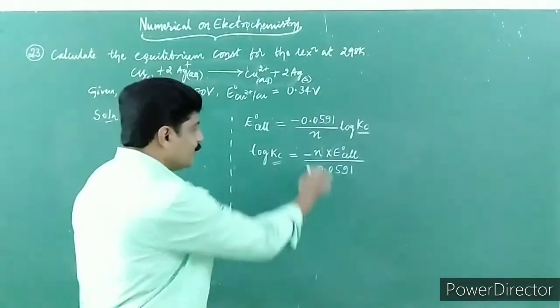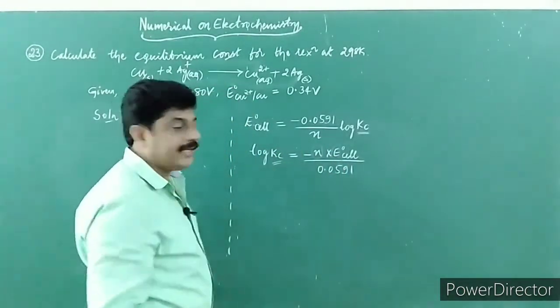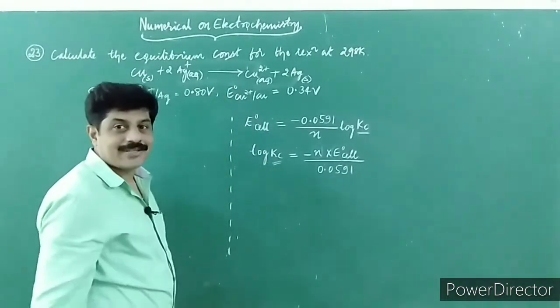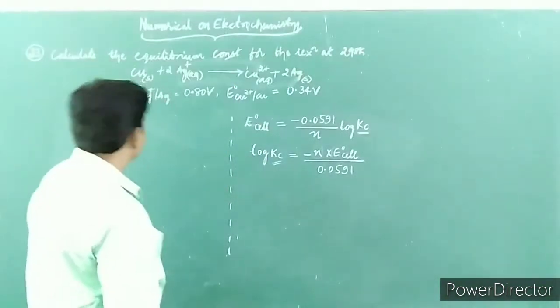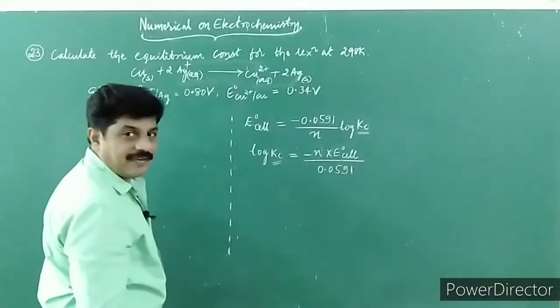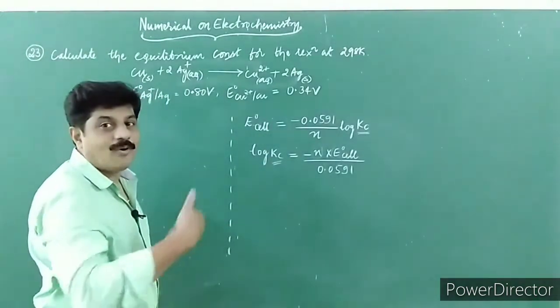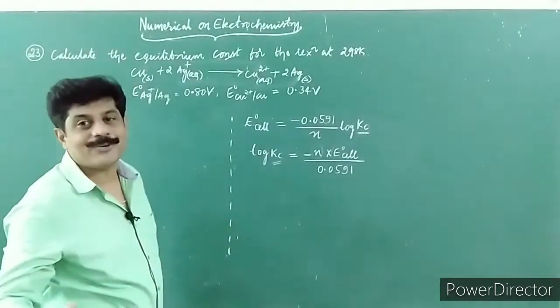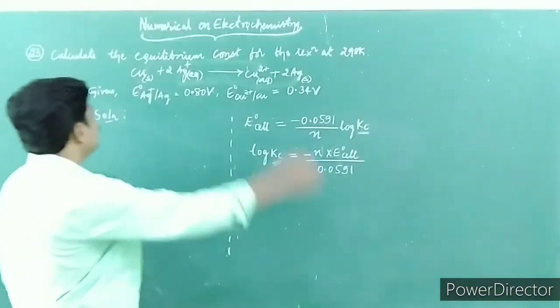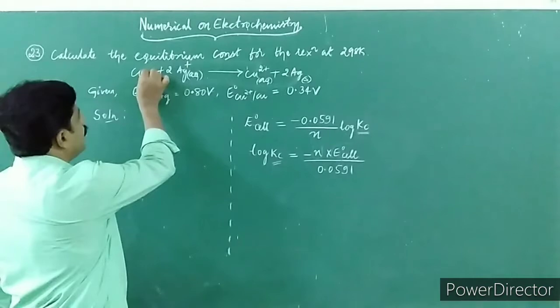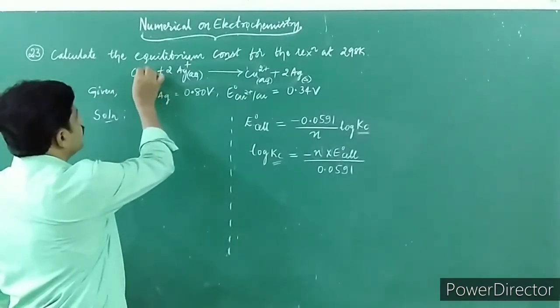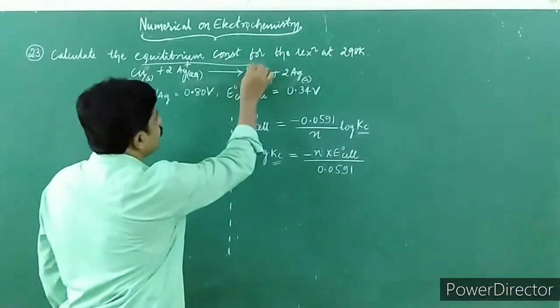Children, before proceeding for finding the Kc value, you should know the value of E naught and n, is it not? And those two values you can get from the chemical reaction. Let us find out in this chemical reaction which one is undergoing oxidation and which one is undergoing reduction. Look here. Copper from zero oxidation state is getting converted into Cu2+.